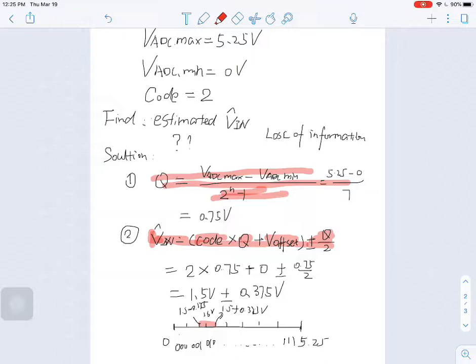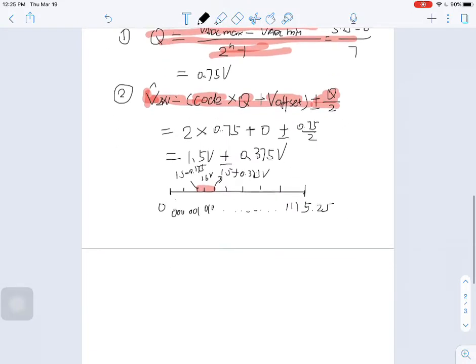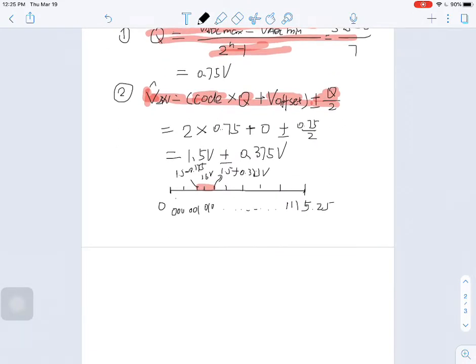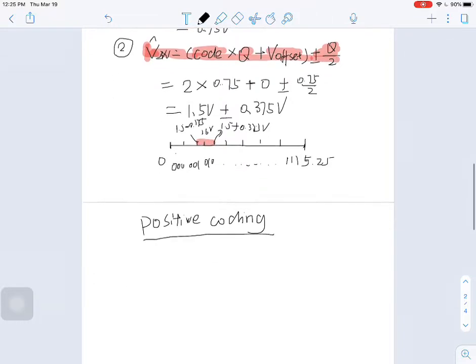And the equation we use here to convert digital to analog is called positive coding. There is also another way called negative and positive coding, and we don't need to know that, but just know there are other different types of coding. This is just one of them.